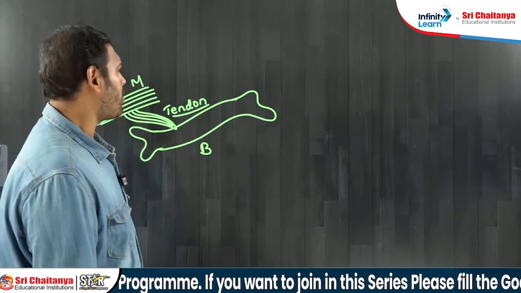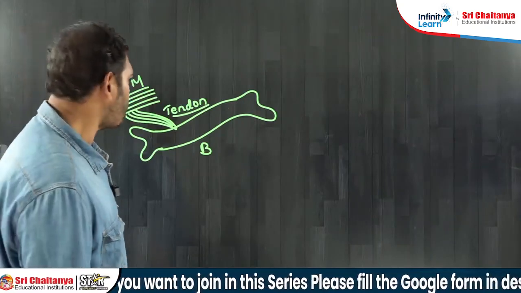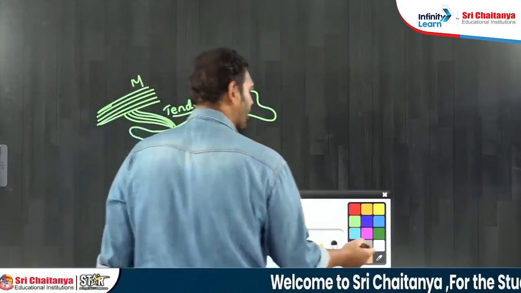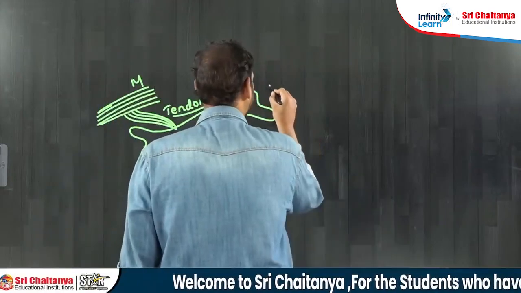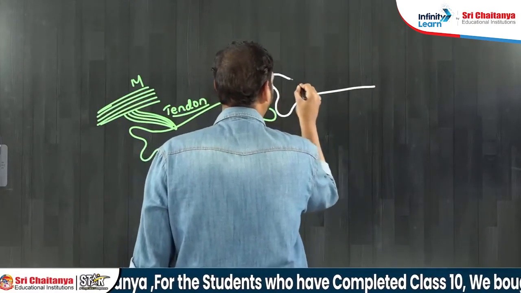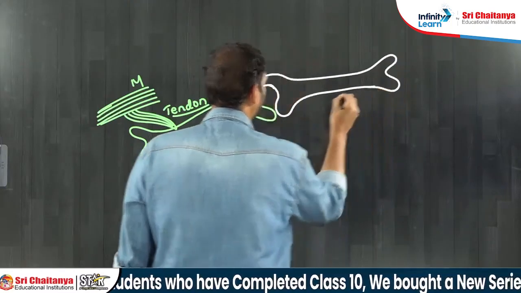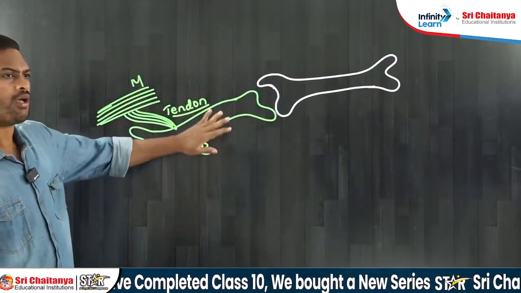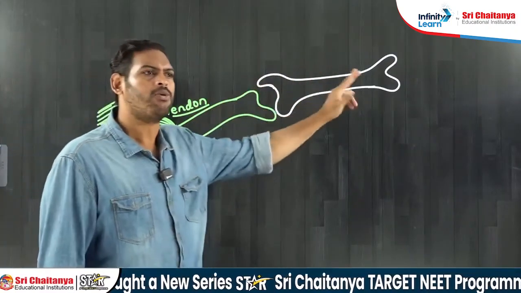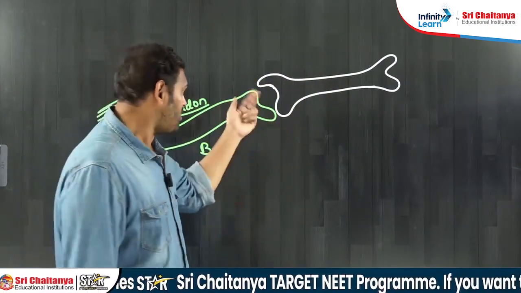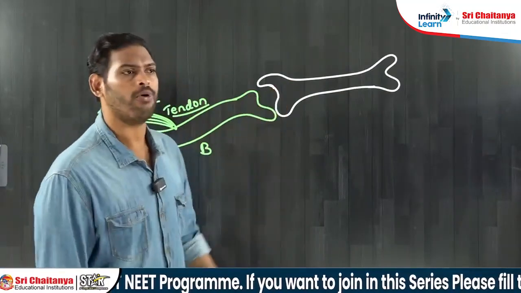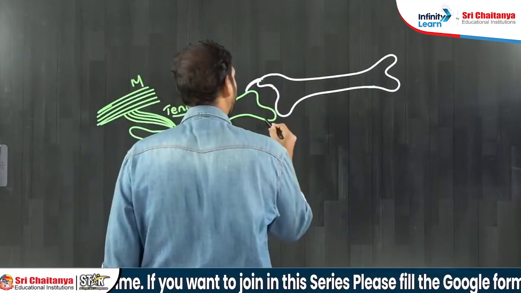How about passing energy from one bone to another bone? Yes, in joints. So energy from this bone must be passed on to the next bone through joints. But inside the joint also, there is a connection for these two bones. What was that?